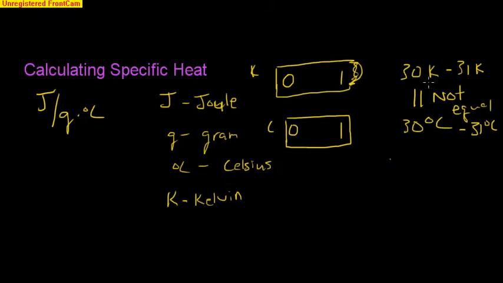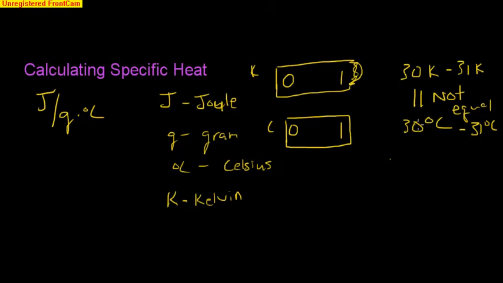But don't get this mixed up in thinking that Celsius and Kelvin are the same numerically, because they're not. 30 Kelvin is not equal to 30 degrees Celsius. But the amount of average kinetic energy to go from 30 to 31 on the Kelvin scale is exactly the same as to go from 30 Celsius to 31 Celsius.